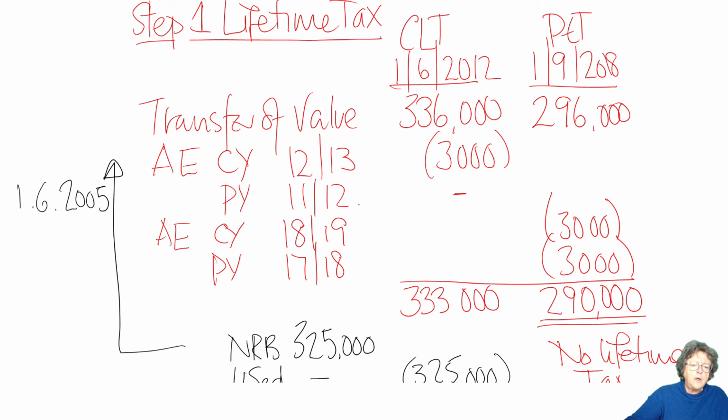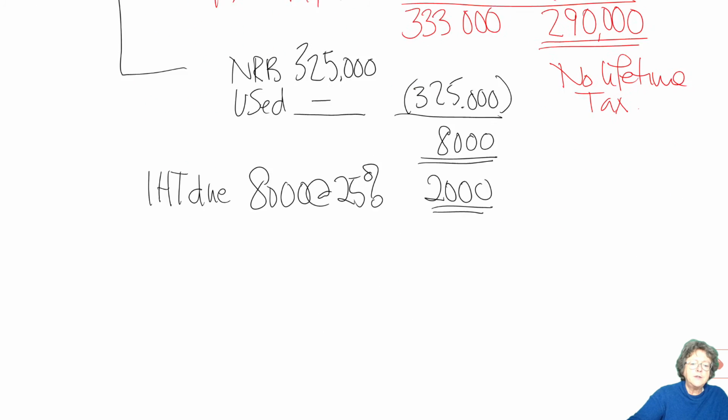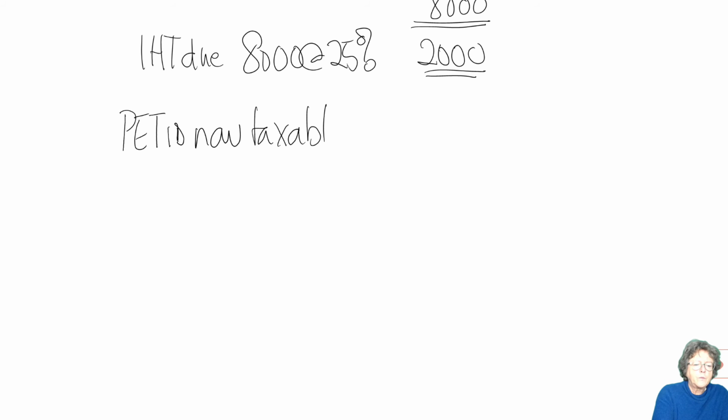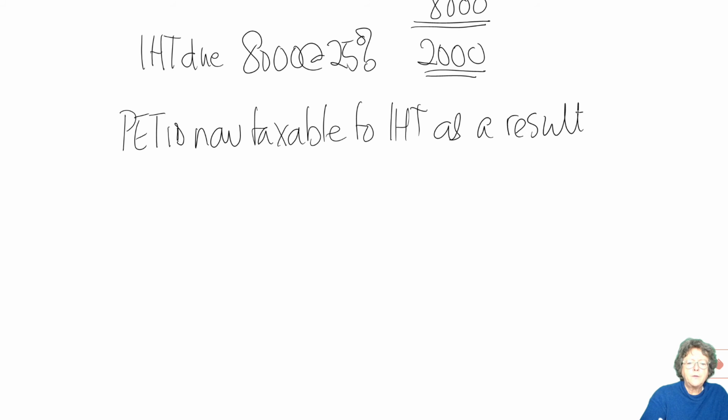We are only going to be dealing with the PET. It's only the PET that needs additional tax. So the PET is now taxable to IHT as a result of death.